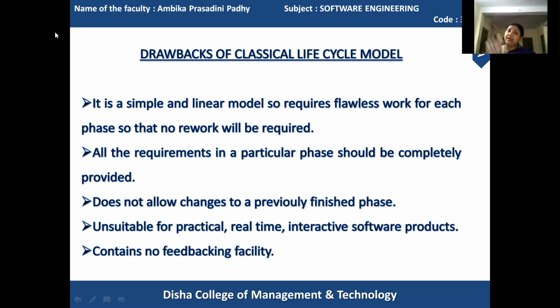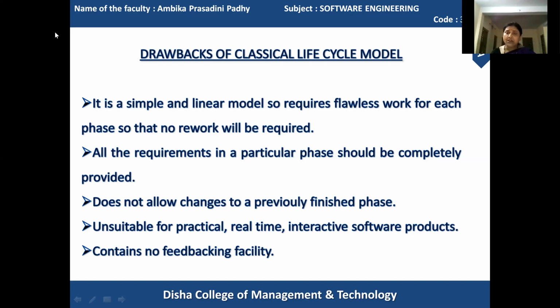It requires complete consideration and presence of mind from the software developer, so that none of the points or errors are left behind in a particular phase, because here no rework is allowed.